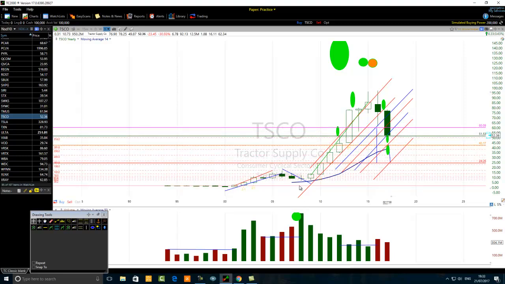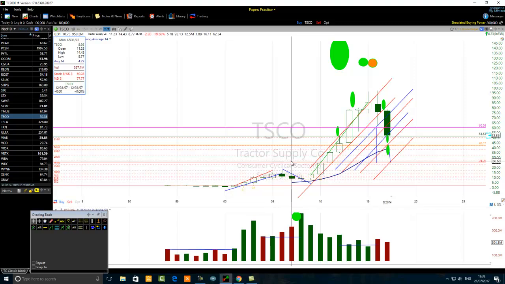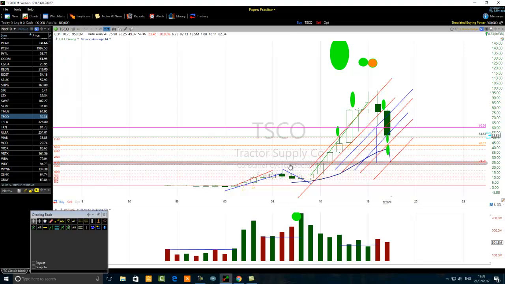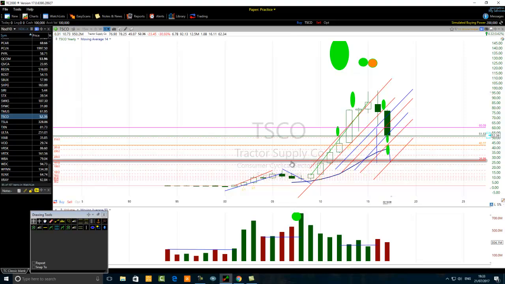If it breaks and finds support above the 161.8%, which it did here, that's the 161.8%. If I move that red line there at the 161.8% Fibonacci extension level of that first wave, that's there. After you find support above it, don't try to be a bearish trader.